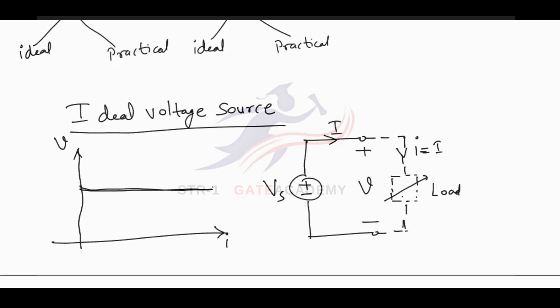Here this voltage will remain Vs for all time, because the voltage source will supply a voltage of Vs and that will be dropped across the load. And this voltage will not vary with current. Even if I change the value of the load, the current will change, but because of that, this voltage will not change. So load voltage will remain the same. So I can write this as V is equal to Vs for all I.